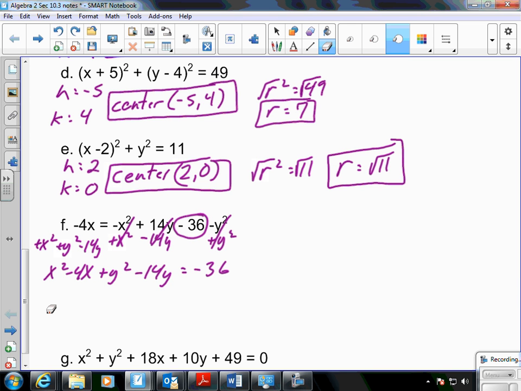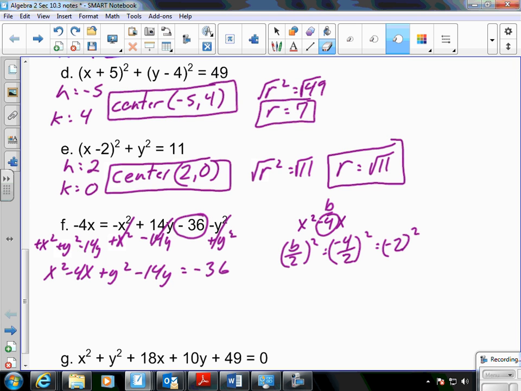So I want to start with the x squared minus 4x. And in order to complete the square, I take this term right here, the negative 4, which would be my b, and we do b over 2 squared. So if I take negative 4, put it over 2, and square it, it's going to leave me with negative 2 squared.